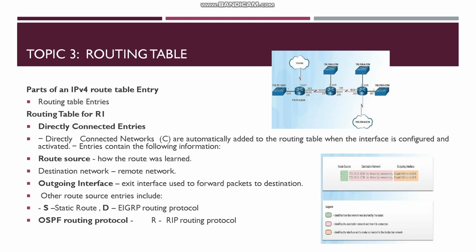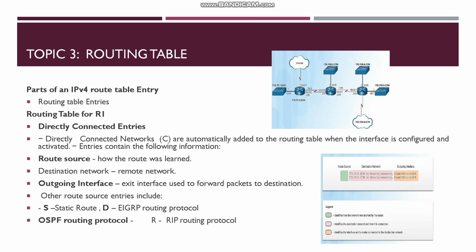As you can see there, meron siyang route source. Ang route source, how the route was learned, yun yung kanyang purpose. Destination network or the remote network. Sunod naman sa huli ay yung outgoing interface, exit interface used to forward packets to destination.